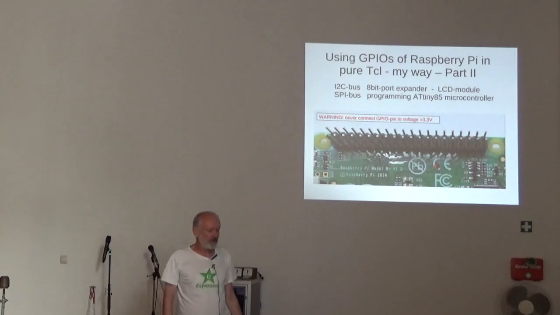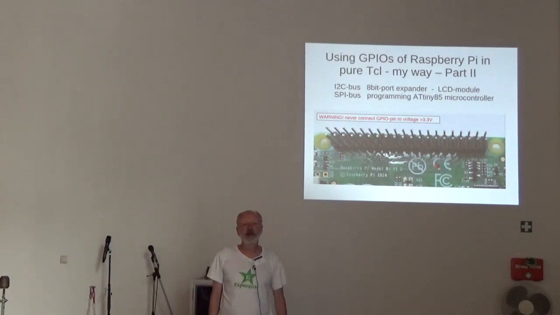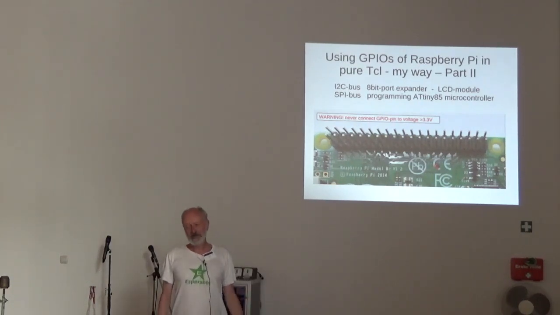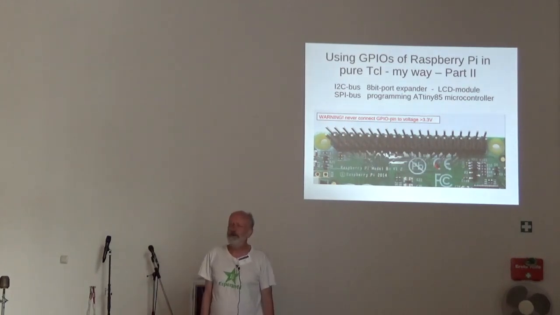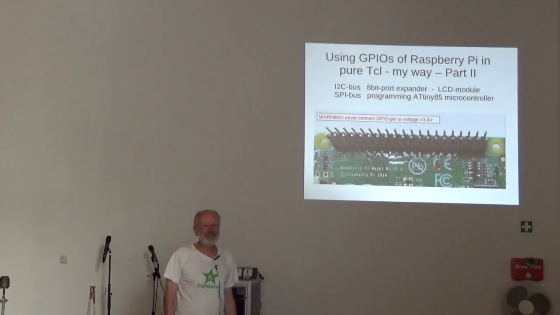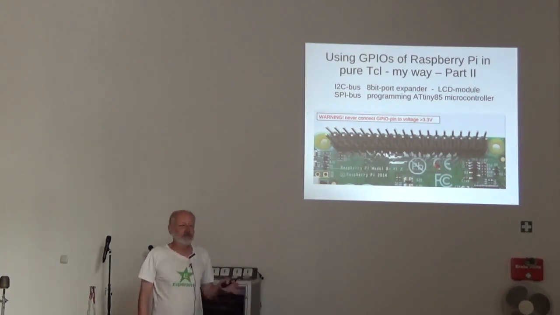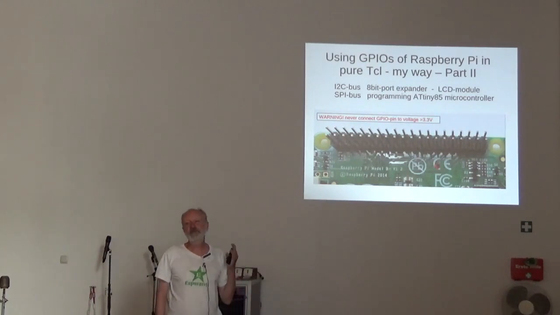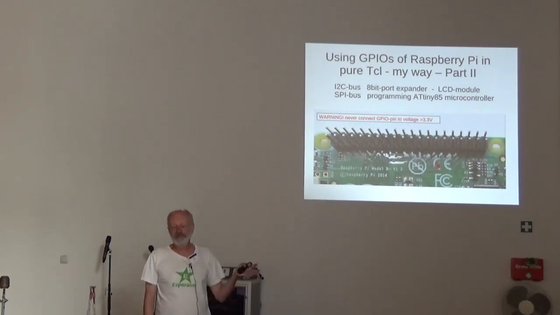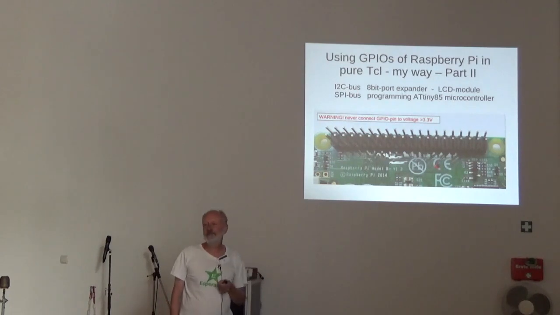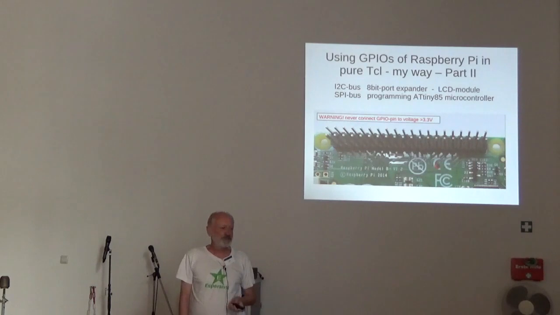This year I will continue my talk of last year, where I showed how to switch on and off GPIO pins. This year I will use some applications where I use more than one I/O pin, especially the I2C bus chips and the SPI bus.